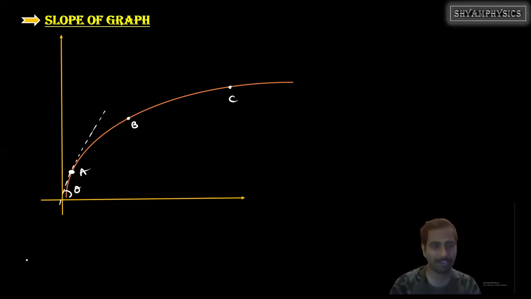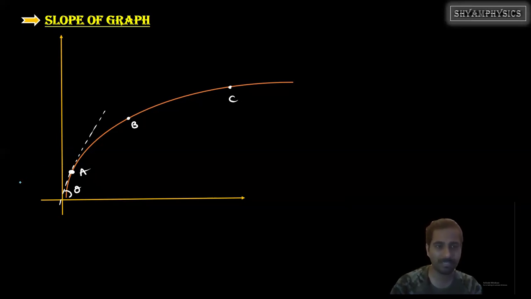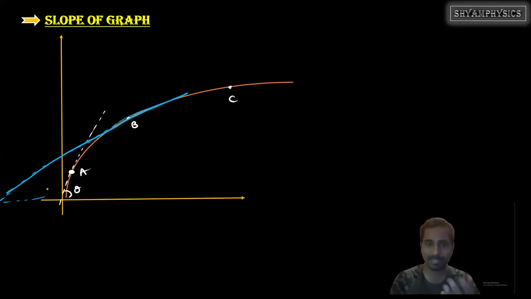At B, if I want to calculate slope, I need to draw one more tangent at that point B. So that point, somewhere it will meet here. Try to take a scale while you are writing, to minimize my mistakes here. What I'm doing, don't concentrate on that. You try by taking a proper scale and everything, it will come properly. This is theta 1. Here it is theta 2.